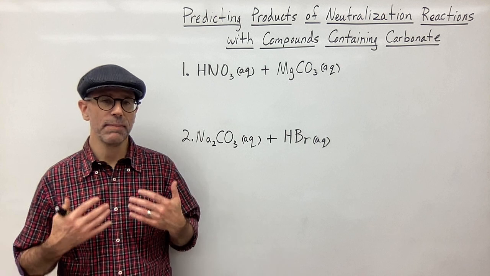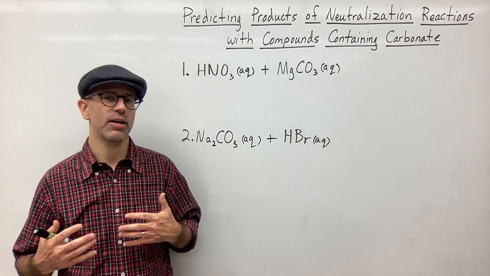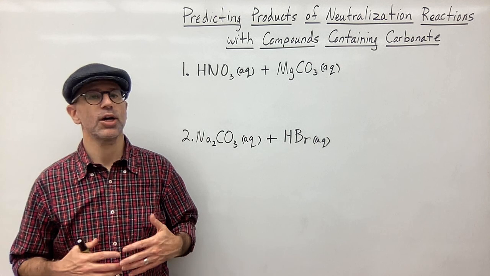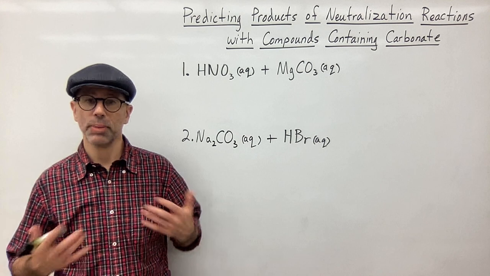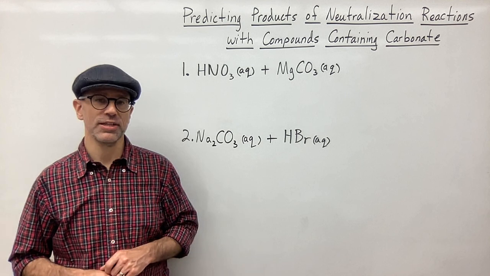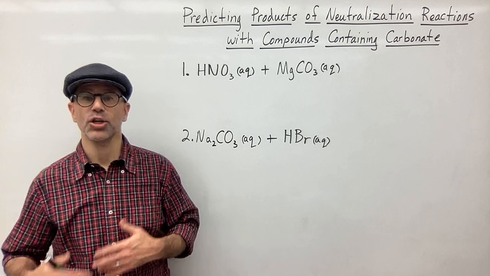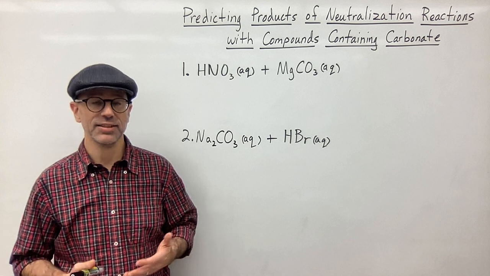So you have to remember or memorize or keep in mind what possible products are going to lead to gases or are themselves gases. For example, if one of your products is H2S, you have to recognize that that's a gas.